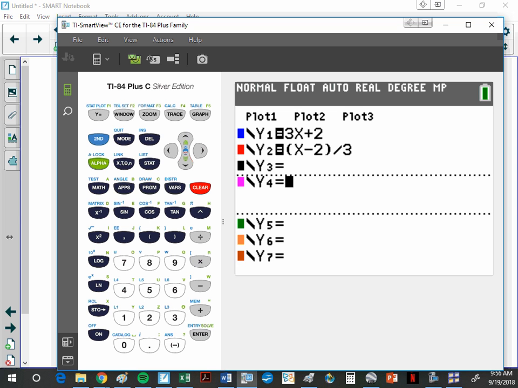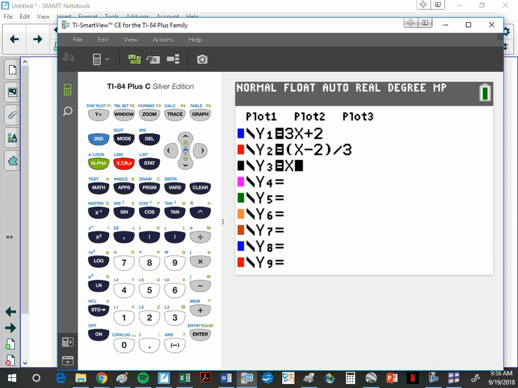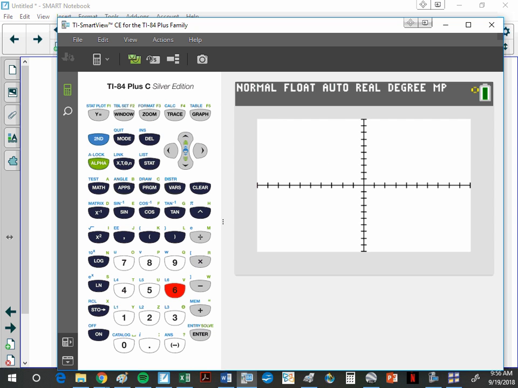And then it's also a good idea to graph the line y equals x. And then you'll be able to see if they are in fact inverses. So here's my first line. Here's my second line. And then the line y equals x should run right down the middle of those. And then you would draw those graphs on your paper.